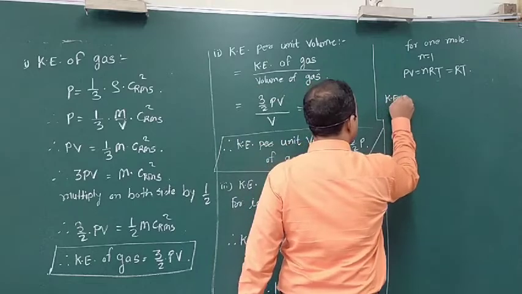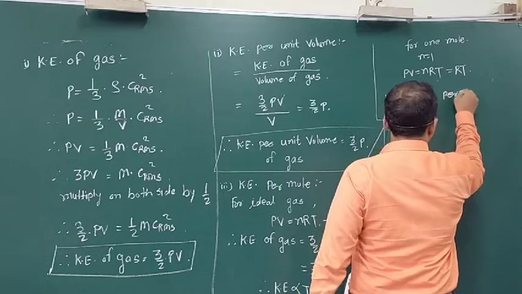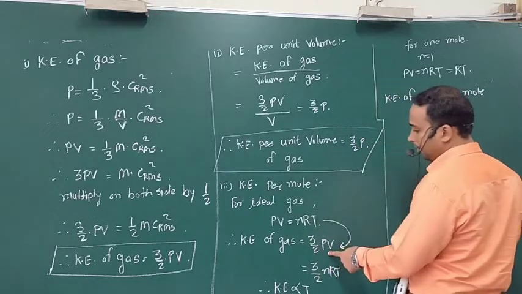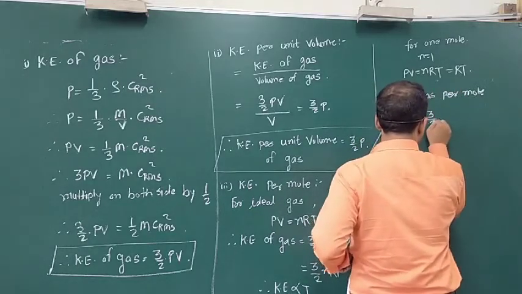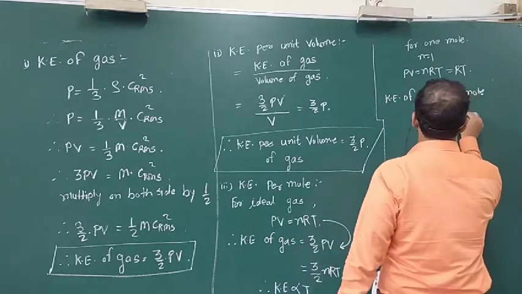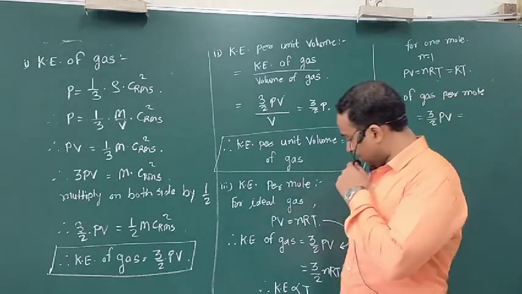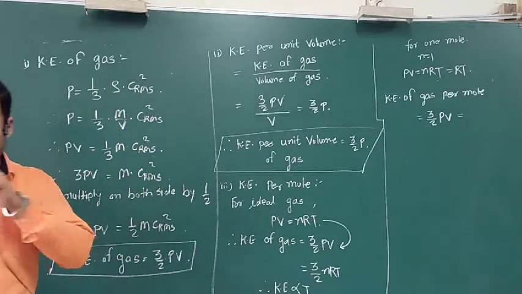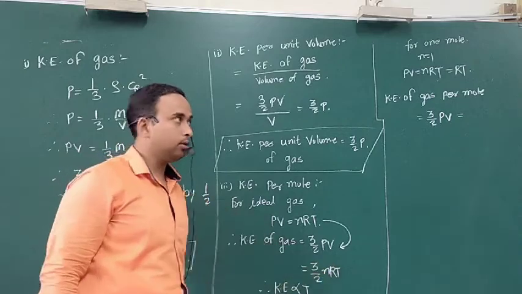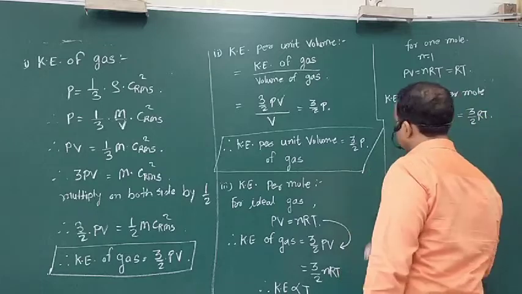Substituting n equal to 1, we get 3 by 2 RT.